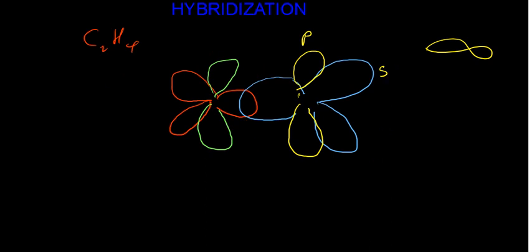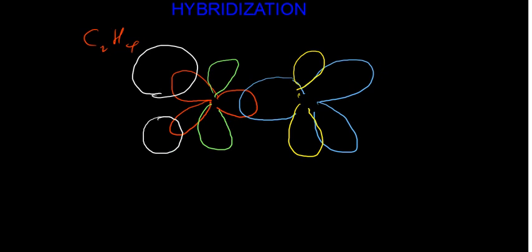Remember, we have got 4 hydrogens. So of those 4 hydrogens, one is going to come here, another one is going to come there, another one is going to come here, and then another one is going to come there.